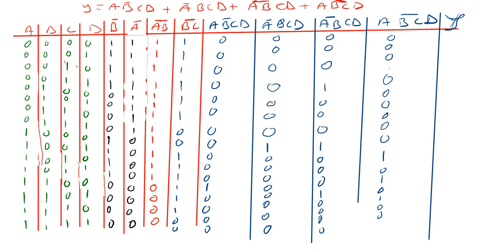So where all these terms have a 0, we get a 0 at y. And if either has 1, for example, here we have 1, then we get an output of 1 at this end.